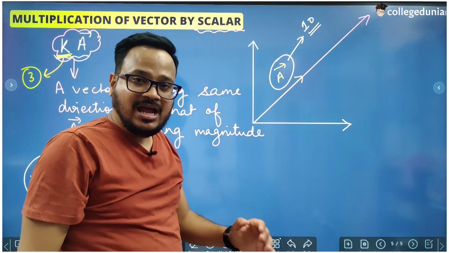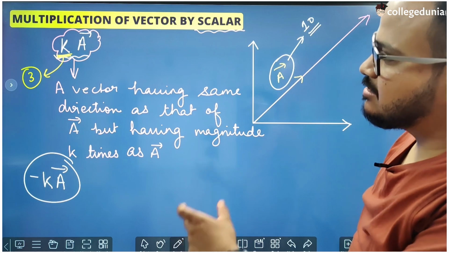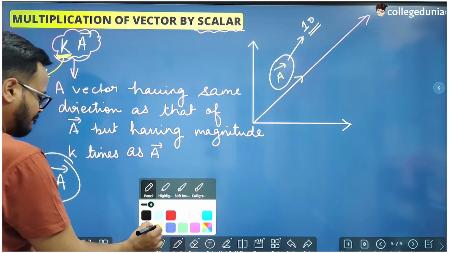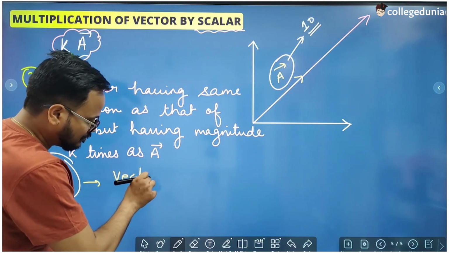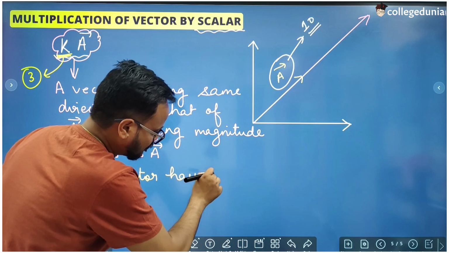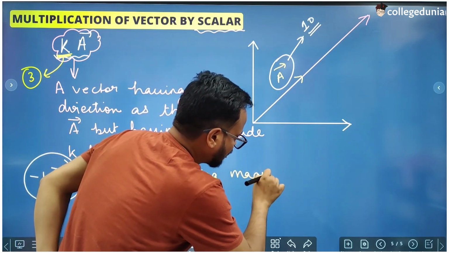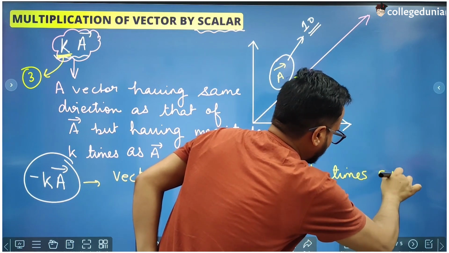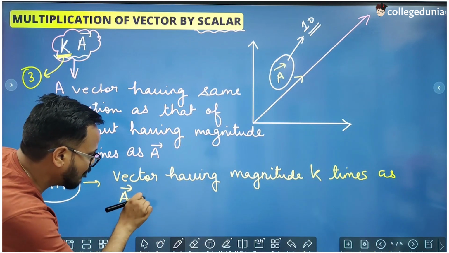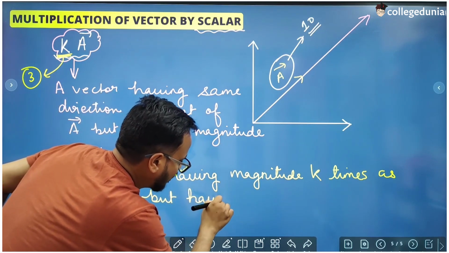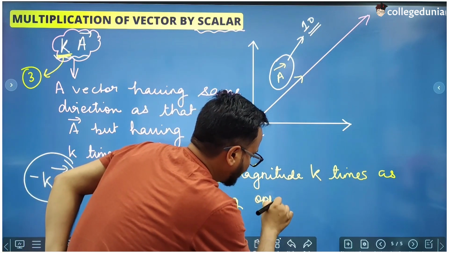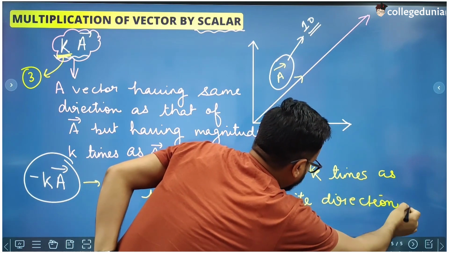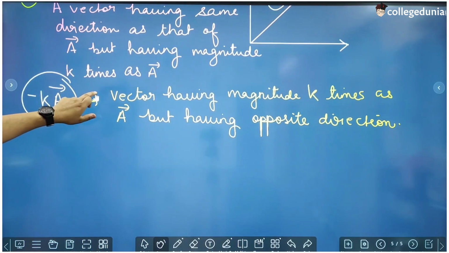It is simply the vector having the magnitude k times that of A, but the direction of this vector is opposite to A. Got it?